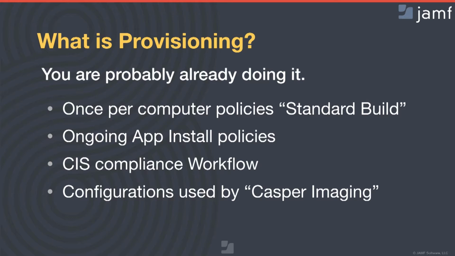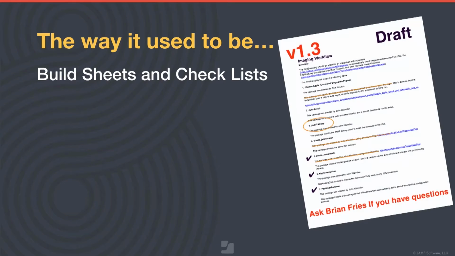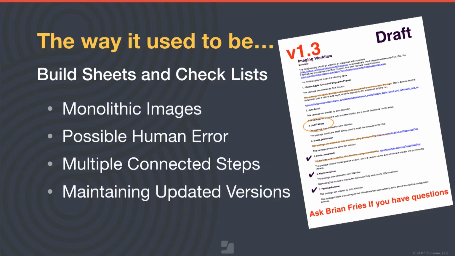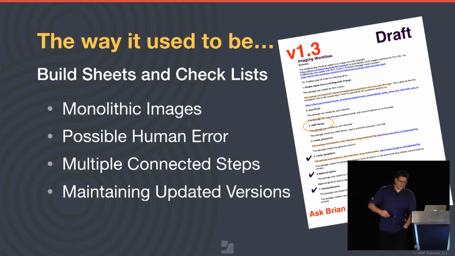Some examples of that are the once-per-computer standard build, your run-once policies, your ongoing app installs that occur via a smart group, any kind of compliance or security workflow that's keeping the computer in check. And even your configurations in Casper Imaging, that's basically provisioning.